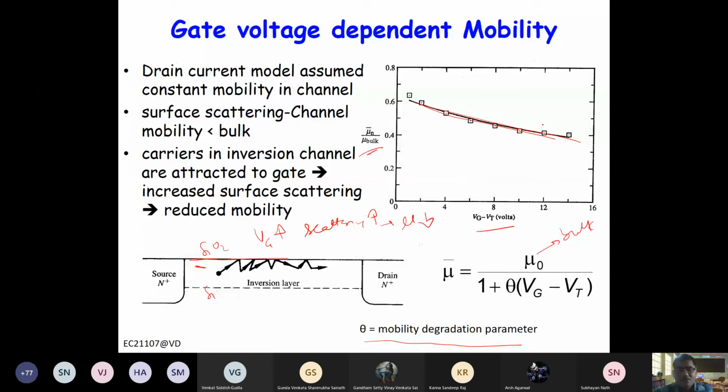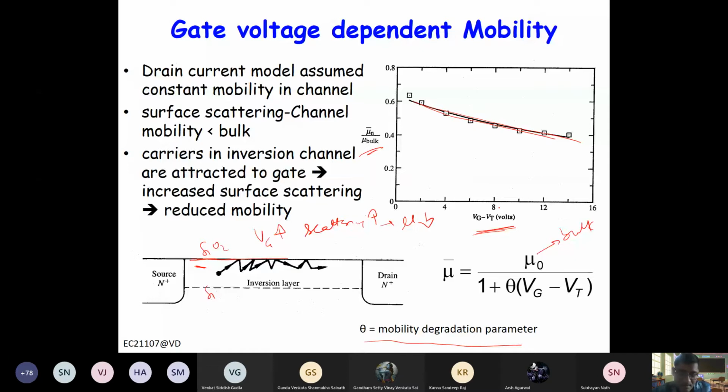Now it appears to depend on the threshold voltage, which is related to the parameters of the MOSFET. But there is a universal mobility degradation curve if we normalize it.